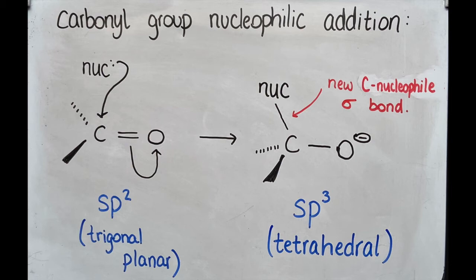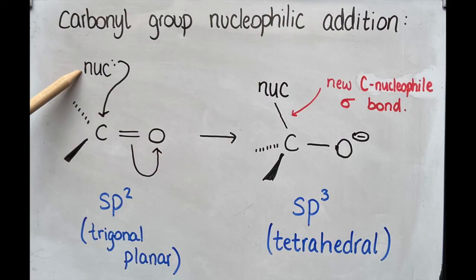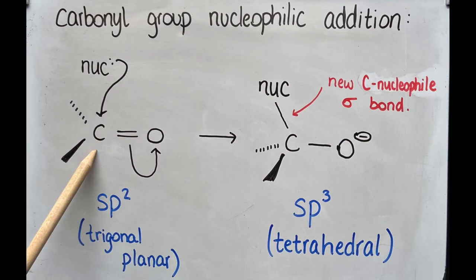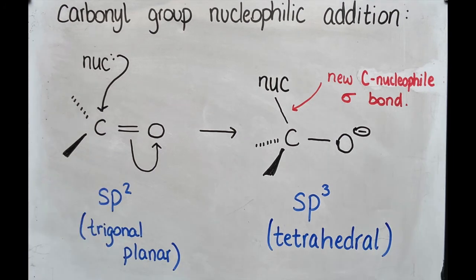If you can follow this basic mechanistic pathway, you will be able to understand all of the carbonyl reactions discussed in CH1601. In any generic carbonyl nucleophilic addition reaction, you must identify the electron-rich nucleophile, which adds to the electron-deficient electrophilic carbon atom of the carbonyl group, converting a sp2 reactant into an sp3 product.